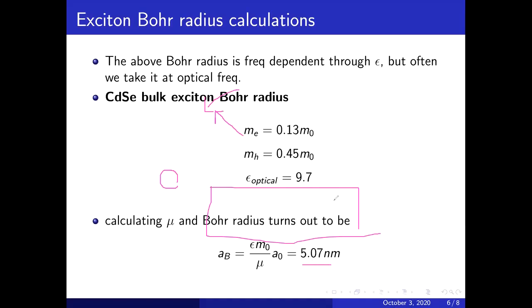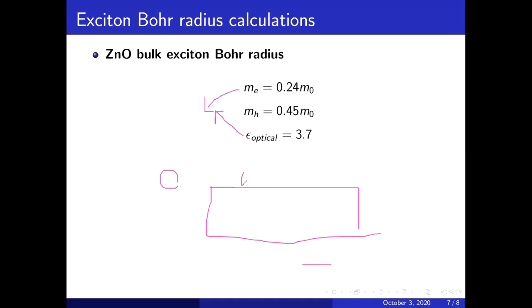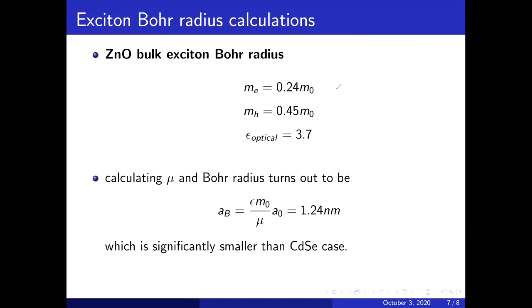So for materials where epsilon is large, we have Mott Wannier type of exciton, which are very far away from each other. While for crystals where the dielectric constant is very small, the Bohr radius is very small, meaning the species are very close to each other and strongly bound due to Coulombic force, and we call them Frenkel type of exciton.